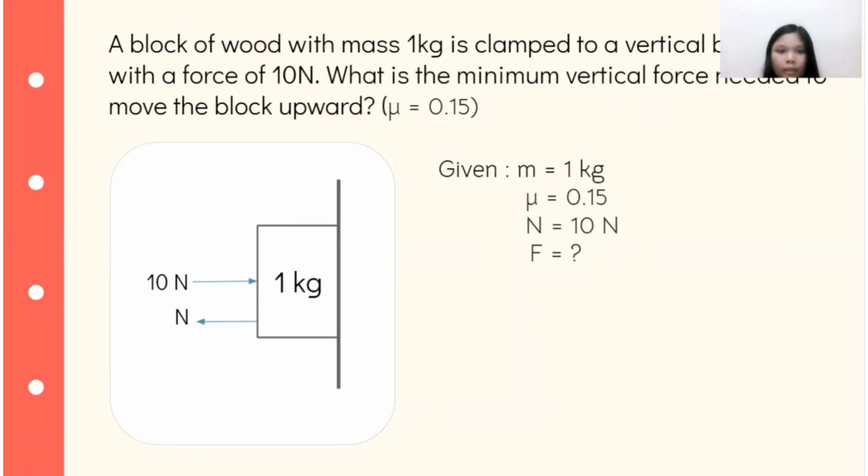Next, we interpret the force that we need. And the last are the frictional force and the weight, or m times g. First is sigma F equals m times a.